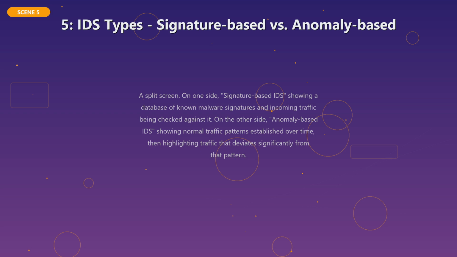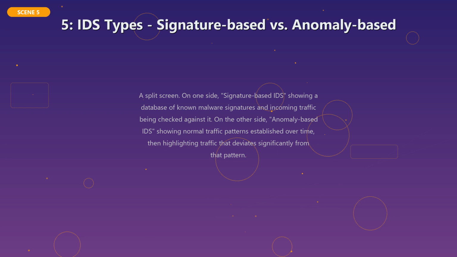There are primarily two core detection methodologies: signature-based detection and anomaly-based detection. Let's start with signature-based IDS, also known as knowledge-based or misuse detection. This is the more traditional approach, similar to how antivirus software works. A signature-based IDS maintains a vast database of known attack patterns or signatures.